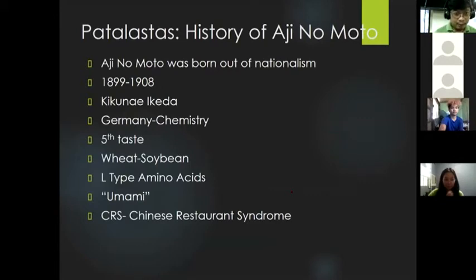Pagdating niya doon sa Germany, nakita niya yung mga German, ang lalaki nila, ang tatangkad, tatangos ng ilong, ang lalaki ng katawan. And then, Kikunae Ikeda thought to himself, bakit kaya yung mga Germans ang gaganda ng build ng katawan samantalang kaming mga Japanese ay napakaliit ng katawan tsaka ng height, maliit.